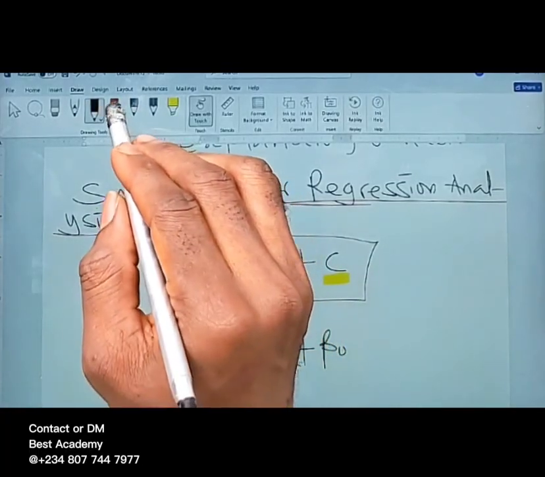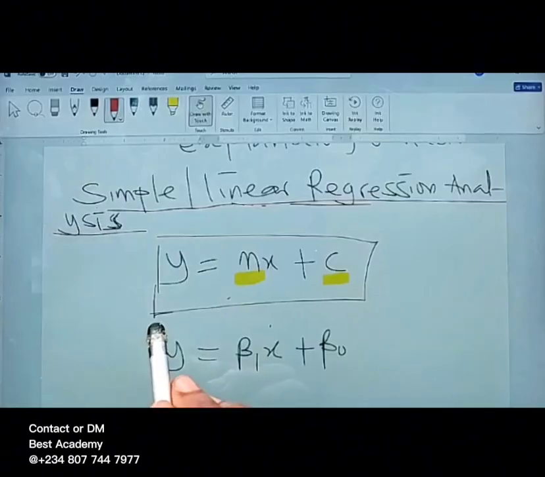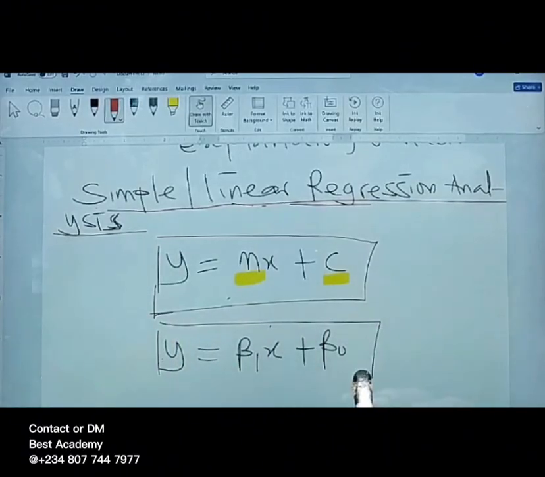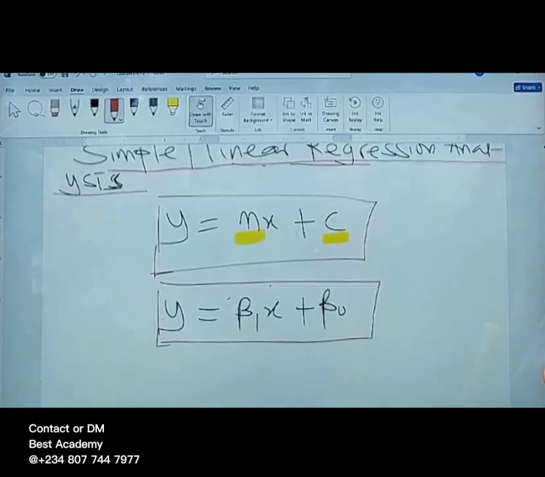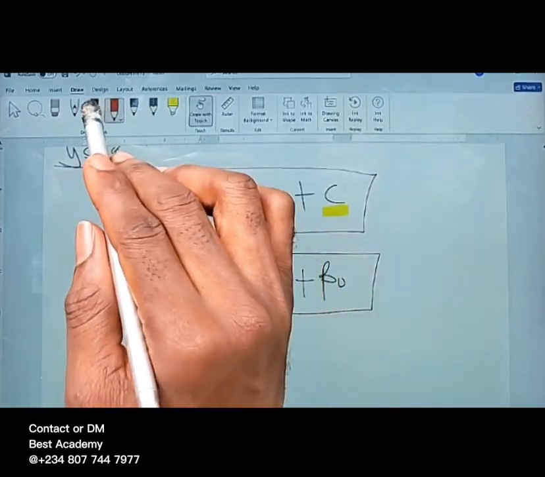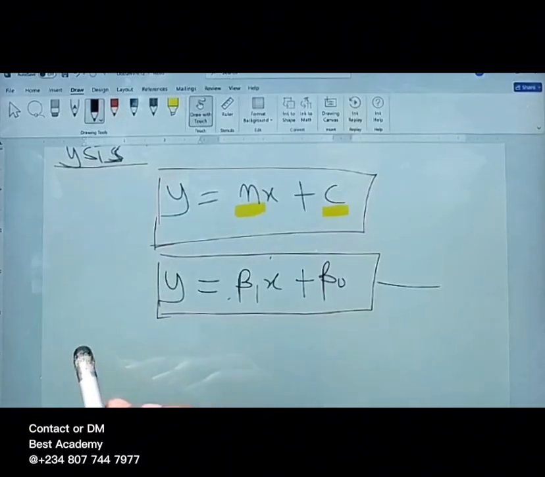Okay, in this equation here, we call it equation of best fit or regression line equation. This is called equation of best fit or regression equation.